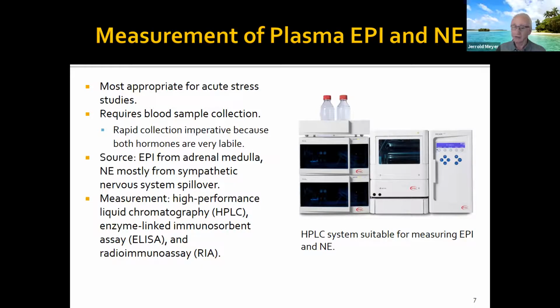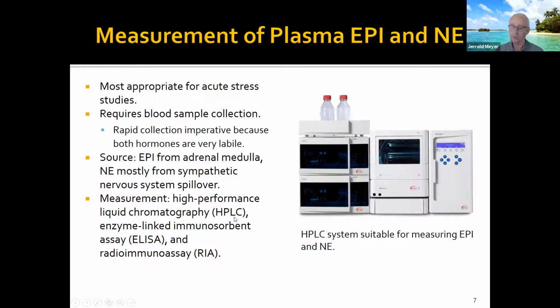Some of the neurotransmitter that's released, this norepinephrine, some of it is taken back up into the nerve endings, but a lot of it escapes and finds its way into the bloodstream. So this amount of neurotransmitter that was released that escapes from reuptake is what we call spillover, and can be used as an indicator of how much norepinephrine was being released at those nerve endings.